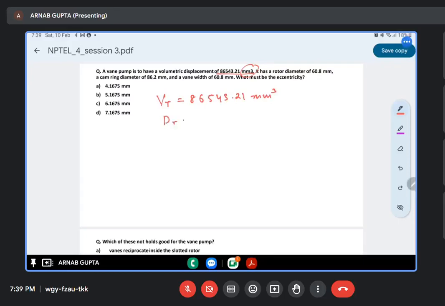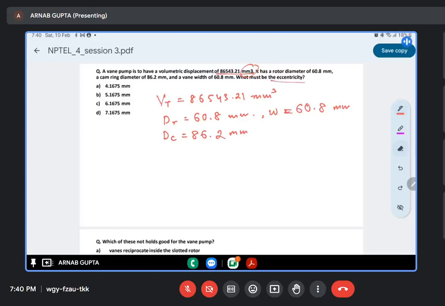The diameter of the cam ring is 86.2 mm, and the vane width is 60.8 mm. And what must be the eccentricity?